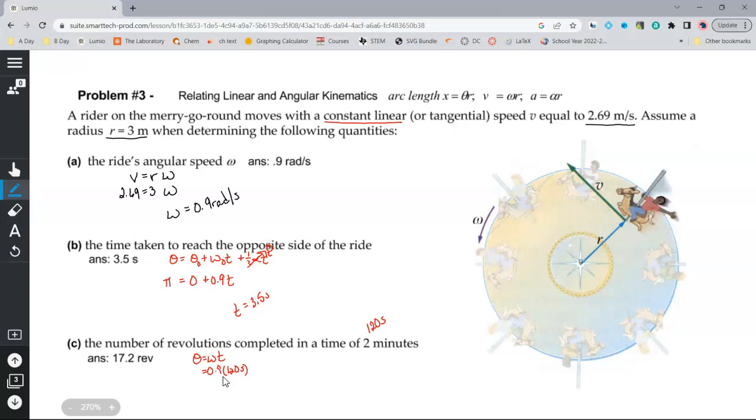That's 108 radians. For the conversion, 1 revolution is 2 pi radians, so I divide 108 by 2 pi, and that gives me 17.19 or 17.2 revolutions.